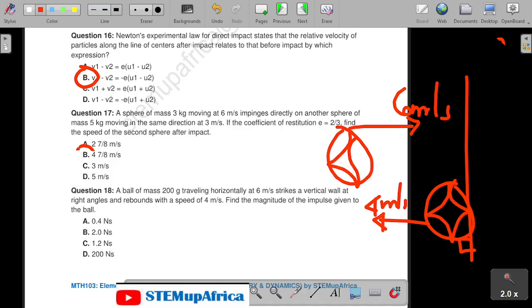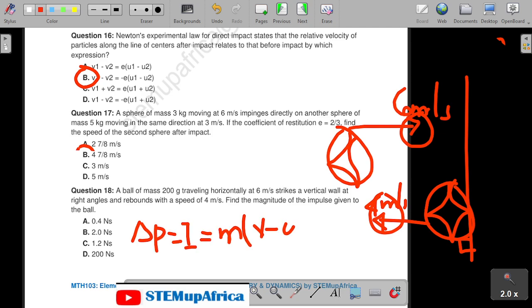The mass of the ball is 200. So you can see this and this are traveling in opposite direction. So change in momentum is also the same thing as impulse. We discussed that earlier, which is m bracket v minus u. So this is the mass now. Convert it to kilogram. That will give us 0.2 kilogram.